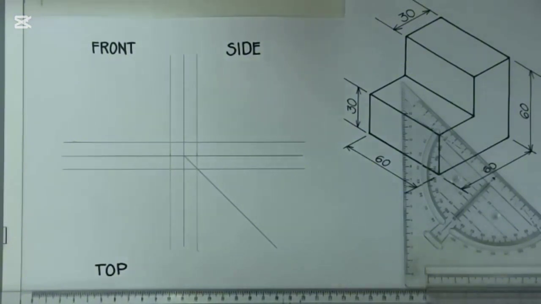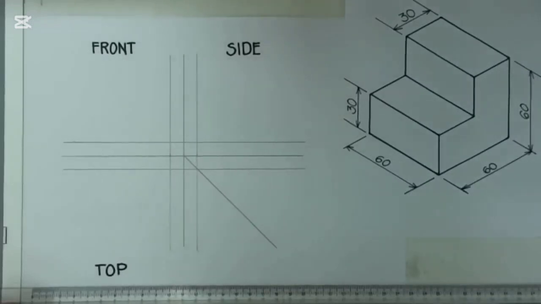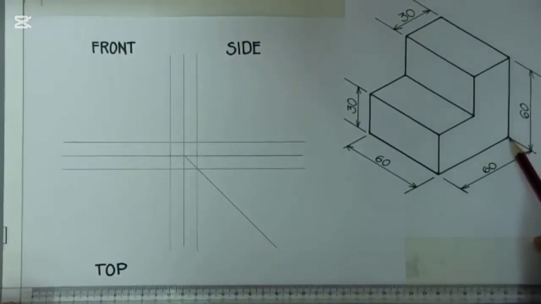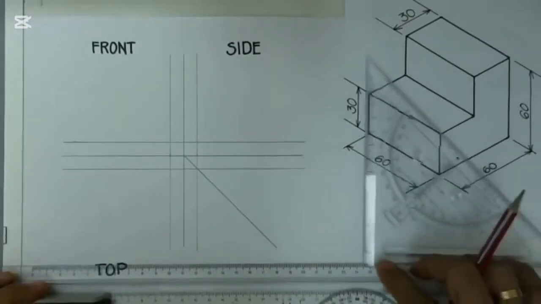Now let us proceed with our orthographic drawing. First thing is determine the height of your isometric drawing. So from this side, from this corner, going up is 60 millimeters. Again, from this corner, going up is 60 millimeters. Now, where should I put that?